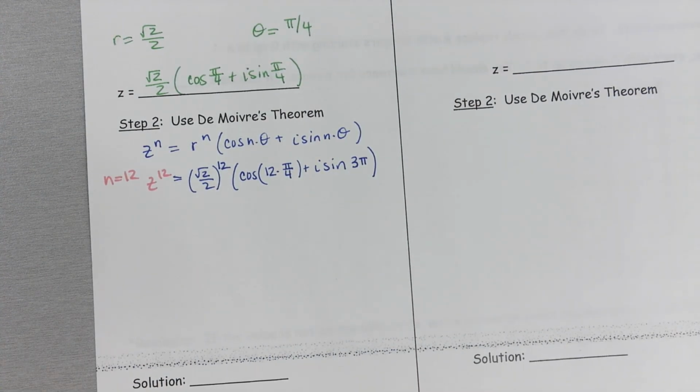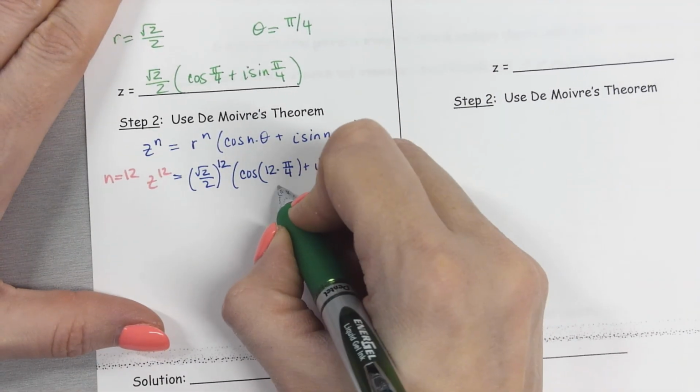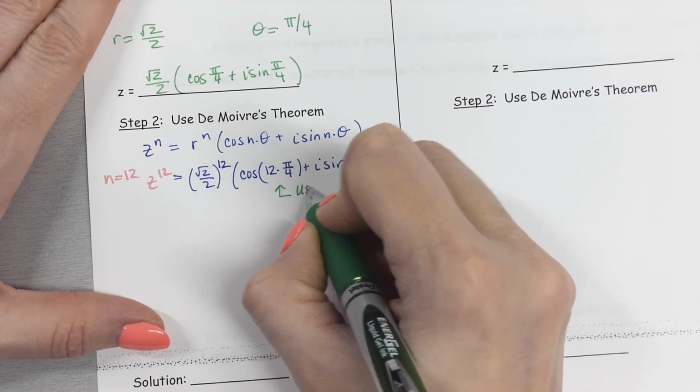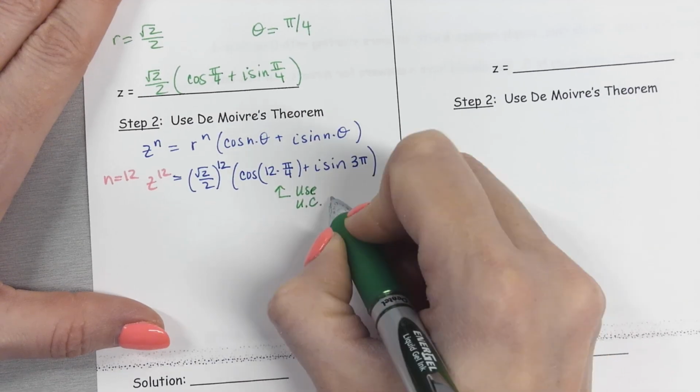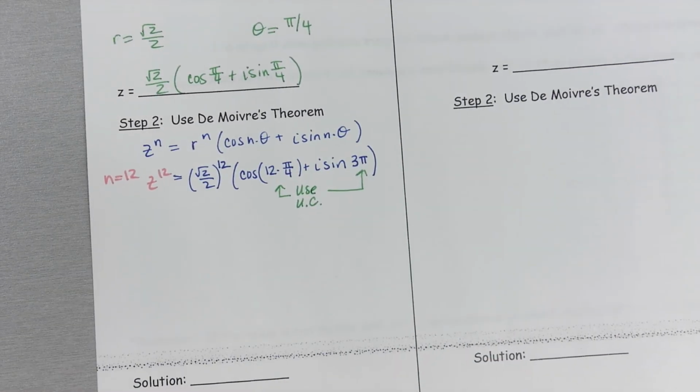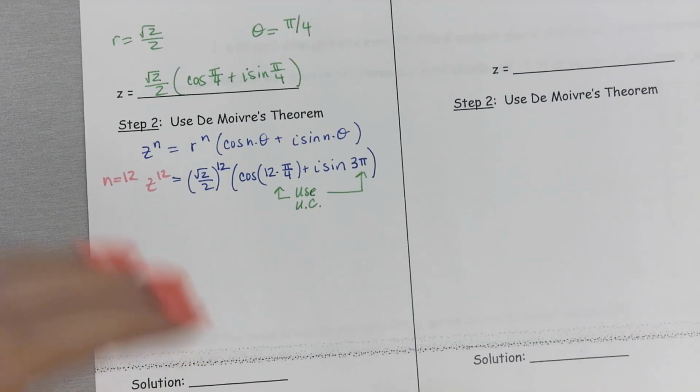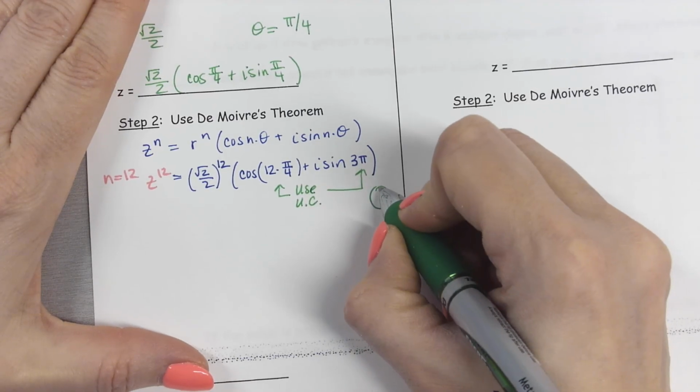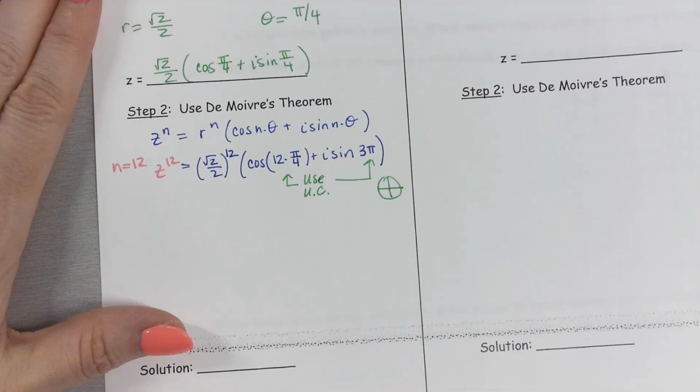So yesterday we left these in polar form. Today we are going to simplify them to binomial form, and that means we are just going to use the unit circle to calculate. Okay, so if you are a visual person and you want to draw out where 3 pi is to help you with those values, you can.